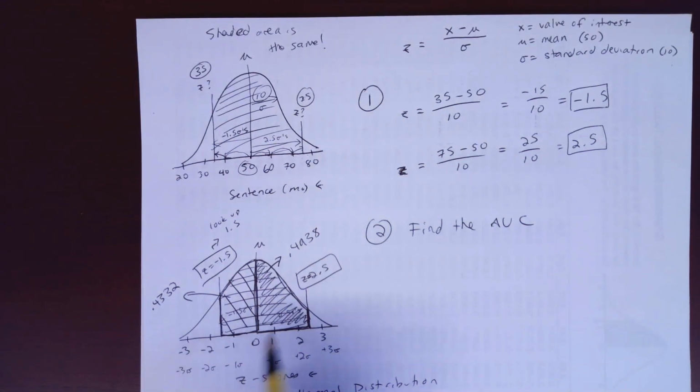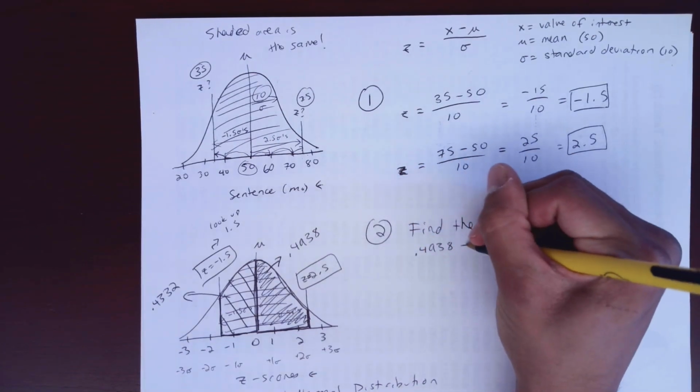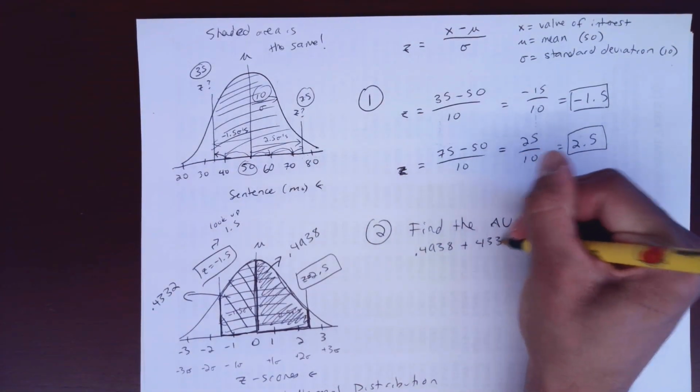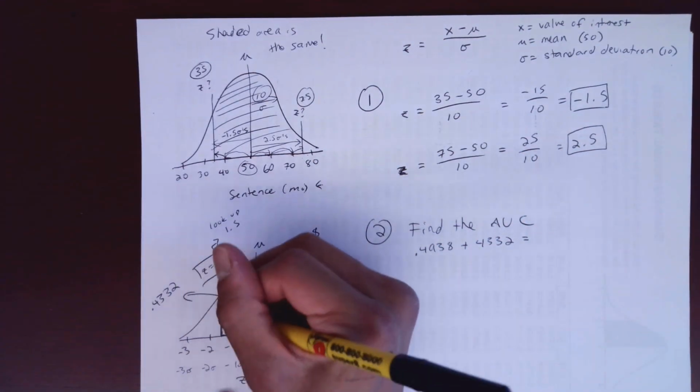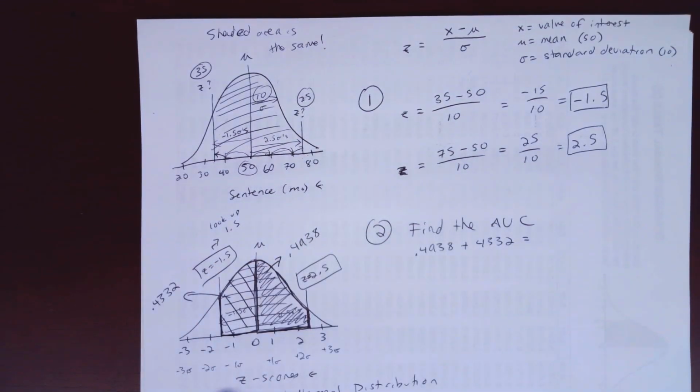So our second step here was to find the area under the curve, where we looked up our values on the z-table. We found that one of them was 0.4938, one of them was 0.4332, and to get our total area, so this total shaded area that corresponds to the probability we're interested in, we're going to add together those two values.